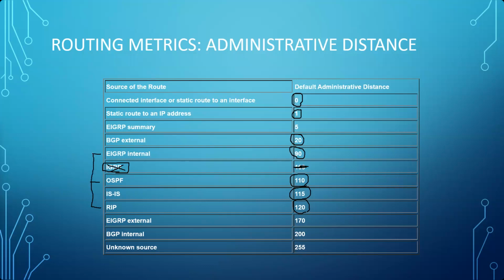And therefore, which pathway would you choose? I'm hoping you guys are saying EIGRP, because it has a trust level of 90 when compared to OSPF's 110 and RIP's 120. Remember, the name of the game here is how low can you go? The closer you are to zero, the more trusted you are.